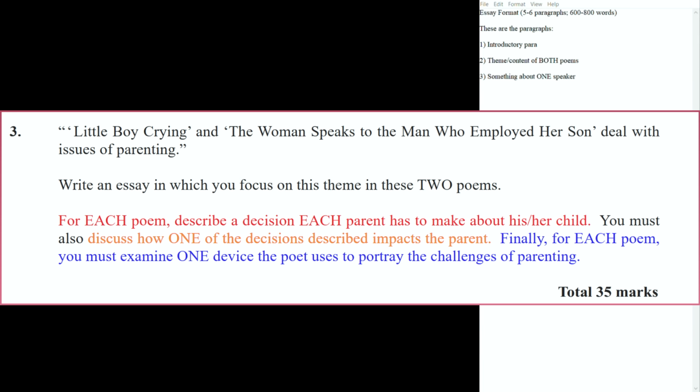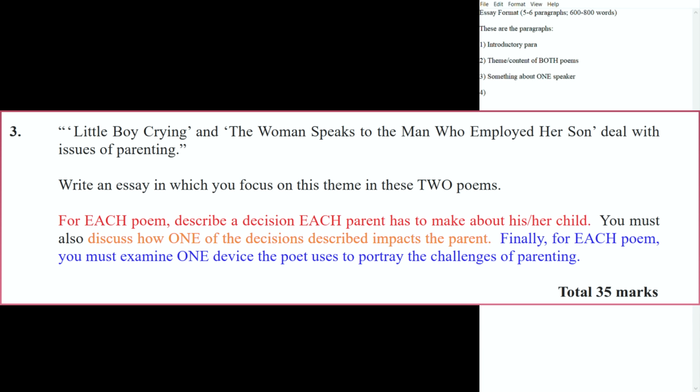I'll show you some other past paper questions. They all look like this. In older past papers, the second part of the question usually asks you to talk about both poems. But since 2018, it's been just one. So you talk about both poems in the first part, but then you zone in on one poem for the next part.